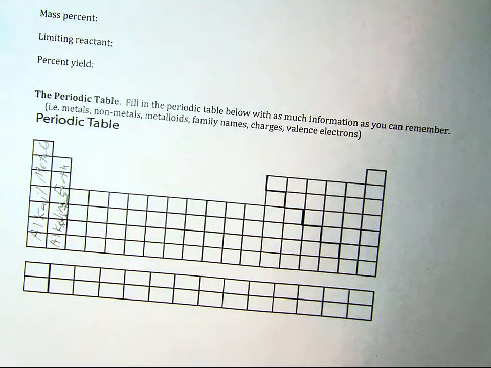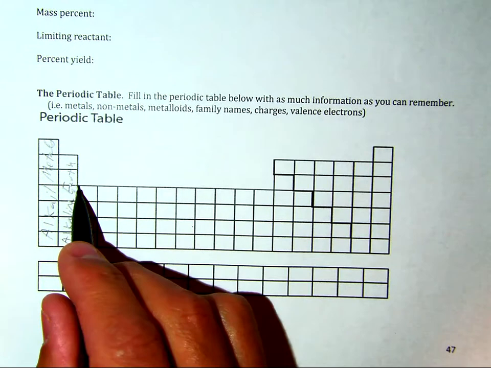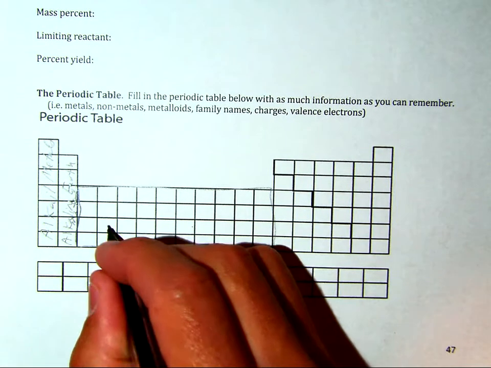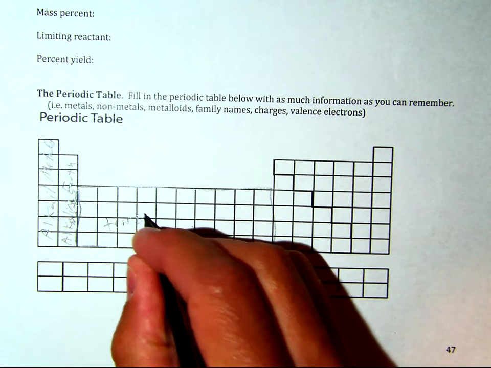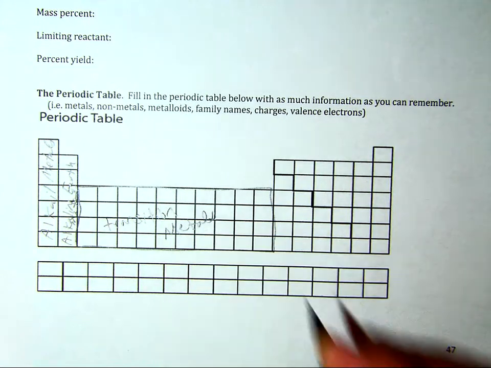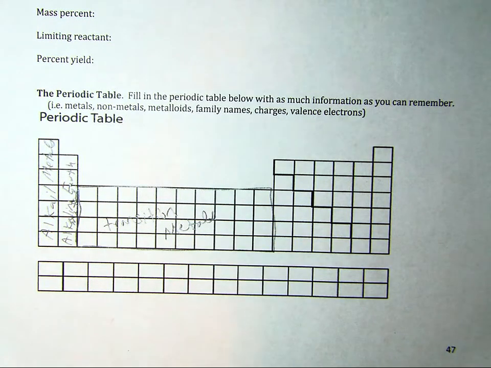And then we've got this block of elements right here. This block of elements is called the transition metals. So we label those.